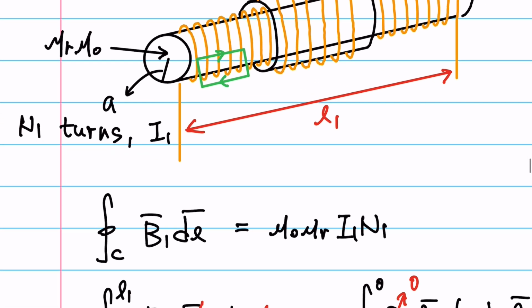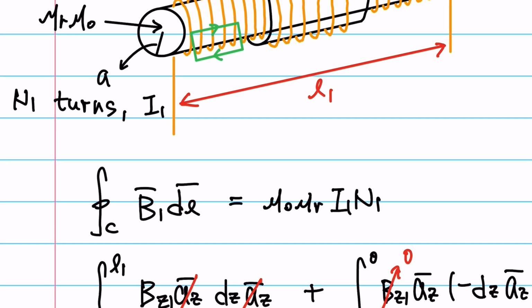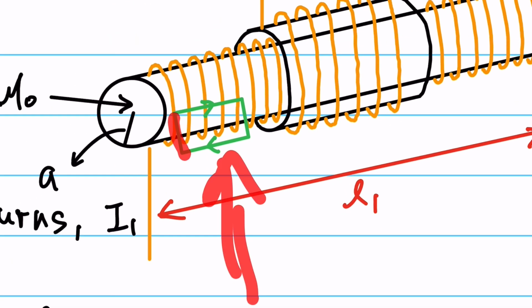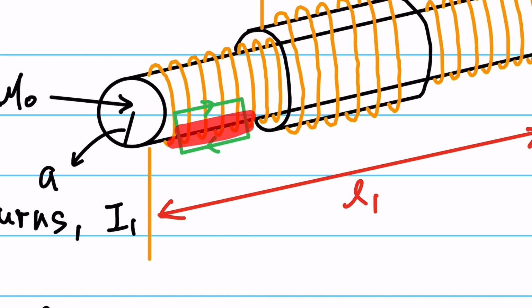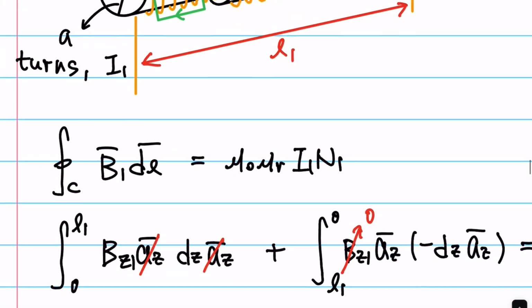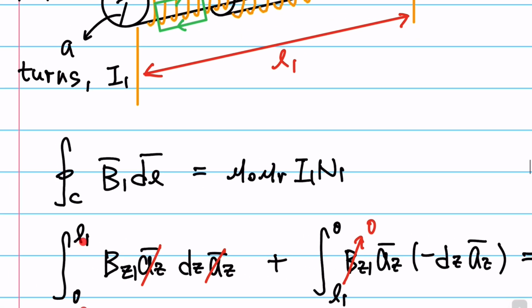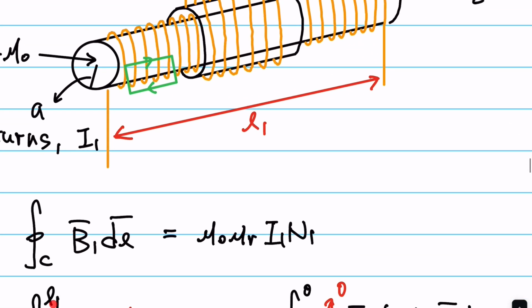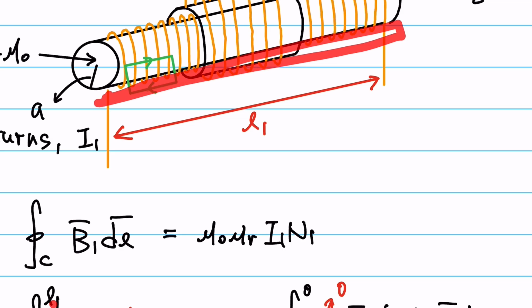Now let's do the integration. There are two sections, because if you look at this box, we're going to reduce the height so it goes to 0, leaving only the horizontal paths of the green box. Therefore you have to move from 0 to L1, and then you have to come back, right?